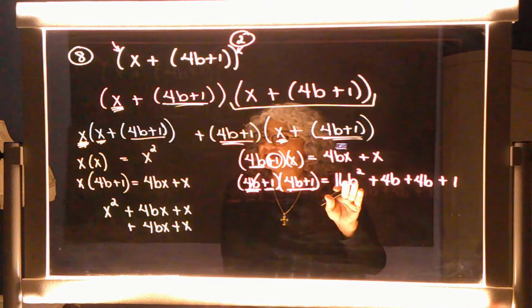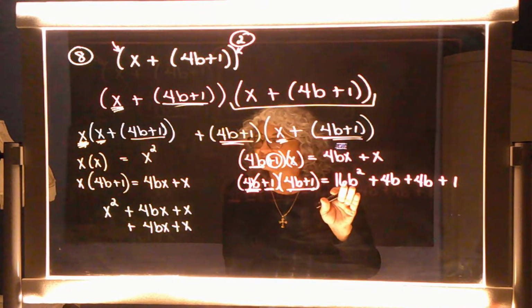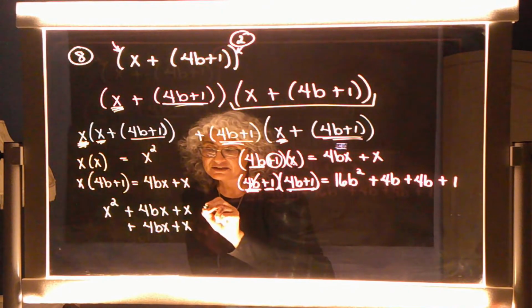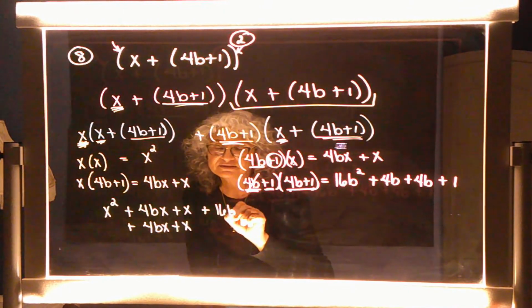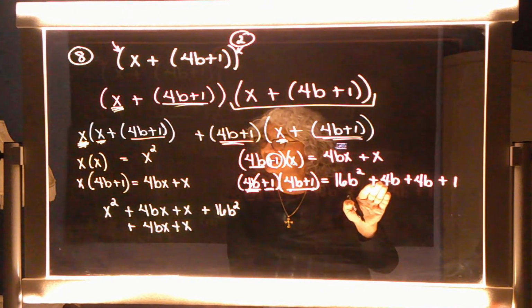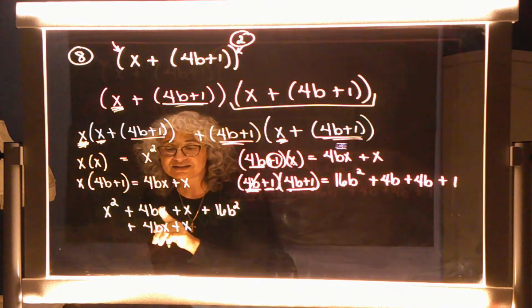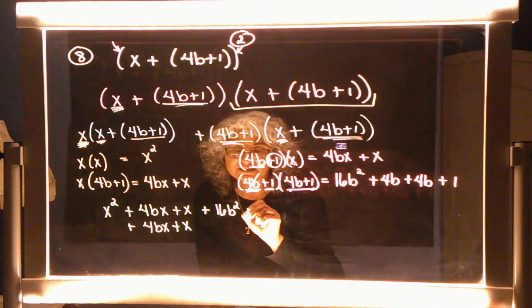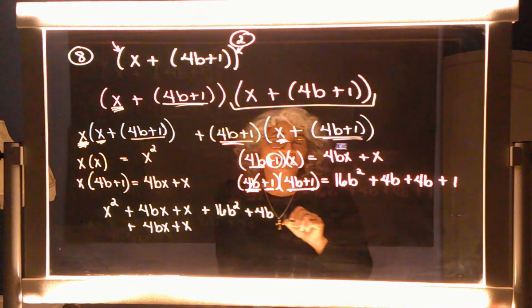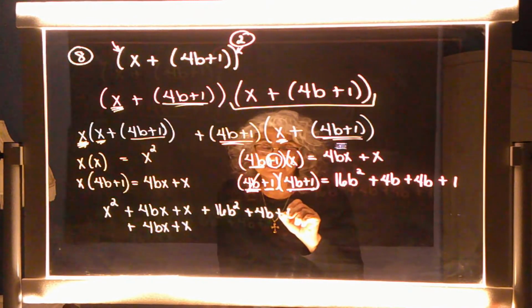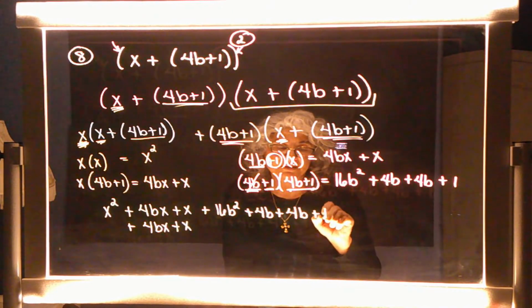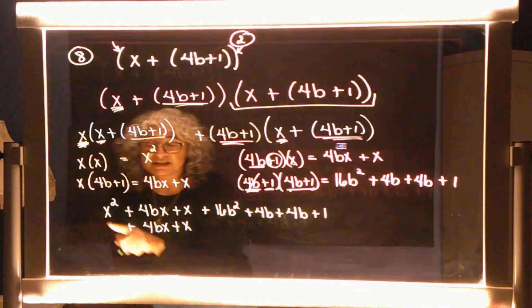Okay, over here, a 16b squared. Well, that's not like anything, so I'm just going to tack it on at the end. And then a positive 4b. Yeah, that's not like these guys. These guys have an x. This one doesn't. So I'm just going to tack it on at the end. And another positive 4b. And then a positive 1. None of these guys look like any of these here.